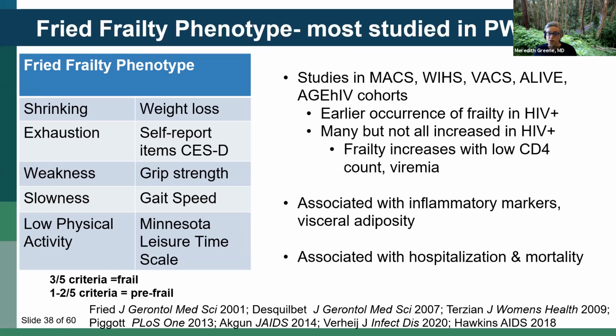There have been studies looking at visceral adiposity and other measures of body mass, and those have been associated with frailty. Importantly, just as in the general population, it has been shown to be associated with incident hospitalization as well as mortality, predicting those same outcomes that we care about in the general population.